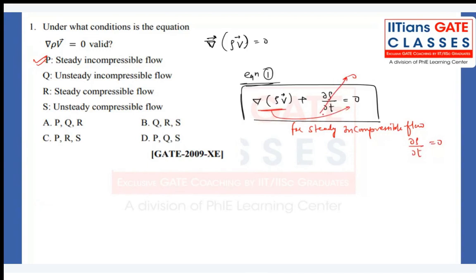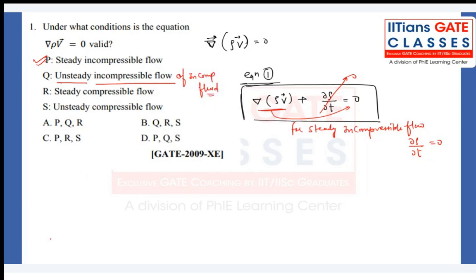What about the second statement? It is valid for unsteady and incompressible flow. Check it out, whether it is valid for unsteady and incompressible flow. Here in this particular question, they want to say incompressible flow of incompressible fluid.